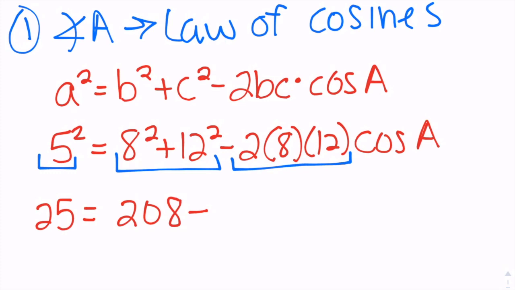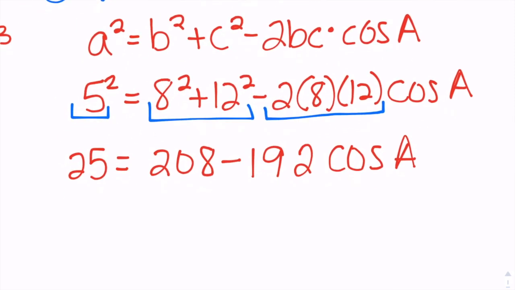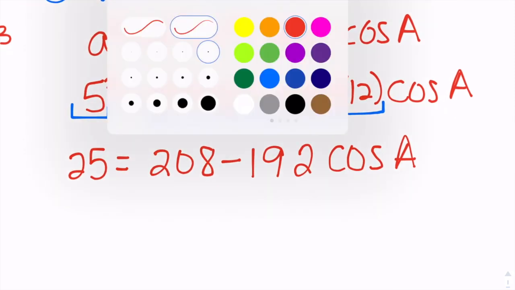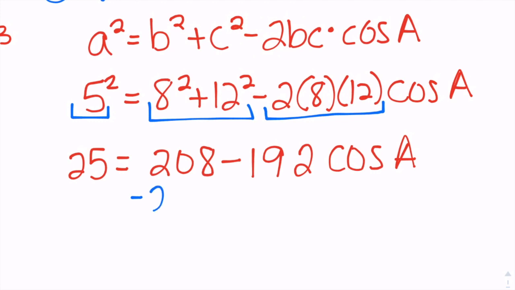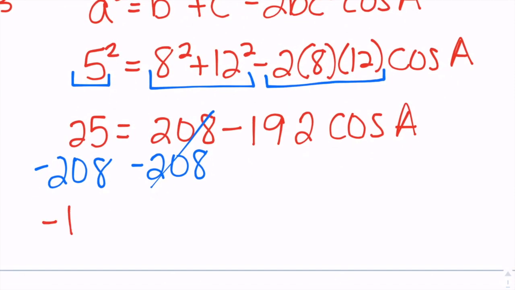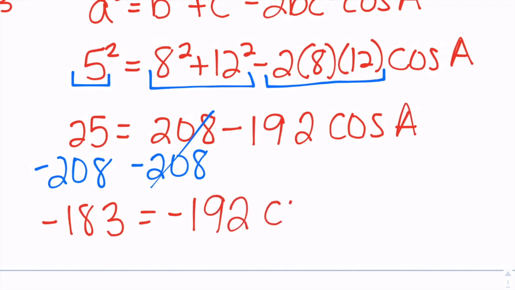And then negative 2 times 8 times 12 is negative 192, times the cosine of A. Now I'm going to try to isolate the cosine of A. I'm going to start by subtracting 208 from each side, which gives me negative 183 equals negative 192 times the cosine of angle A.